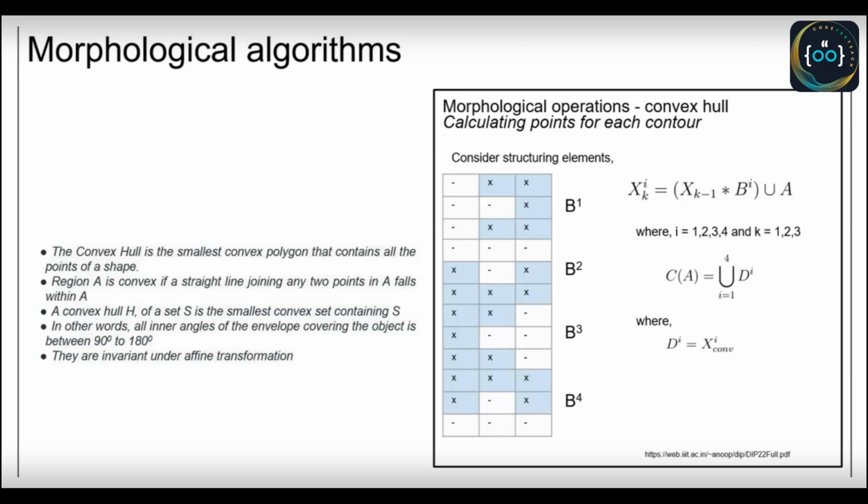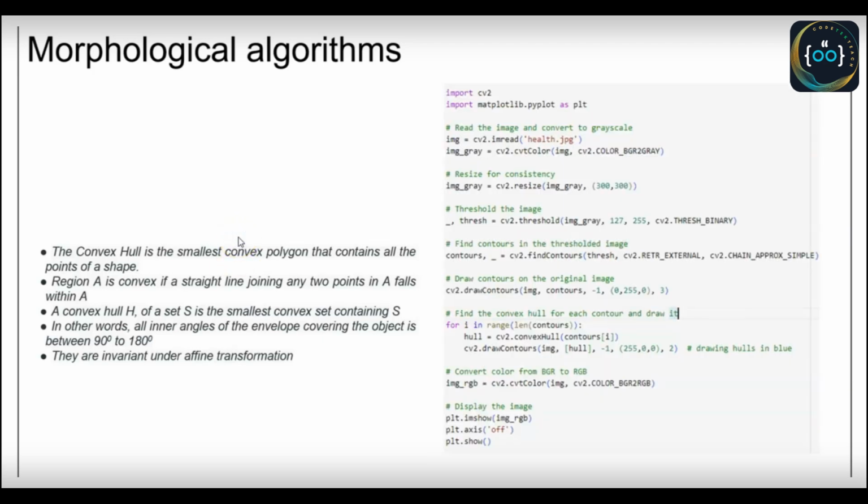The convex hull operation is typically used in image processing for object recognition or shape analysis. For example, it can be used to identify and eliminate the concave regions of an object for certain applications where only the general outline of the object is of interest. In OpenCV, the function cv2.convexHull is used to find the convex hull of a contour. The convex hull can be drawn onto the image or used for further analysis.